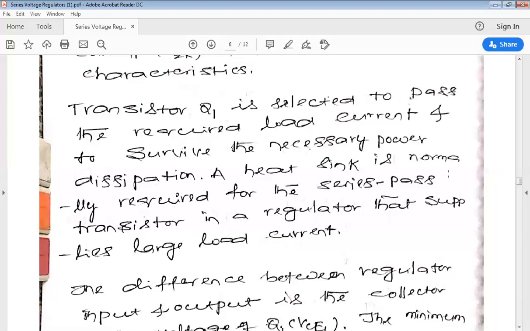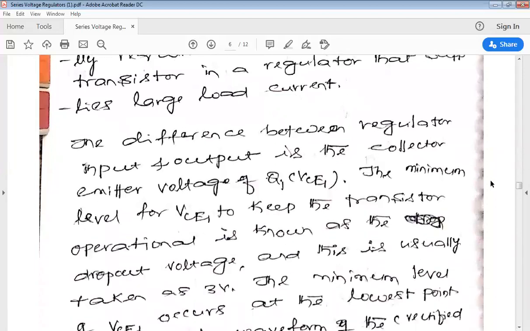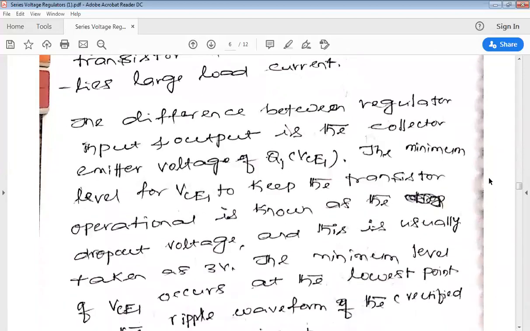What should be the power dissipation of the voltage across the transistor? The difference between the regulator input and output depends upon the collector to emitter voltage drop.